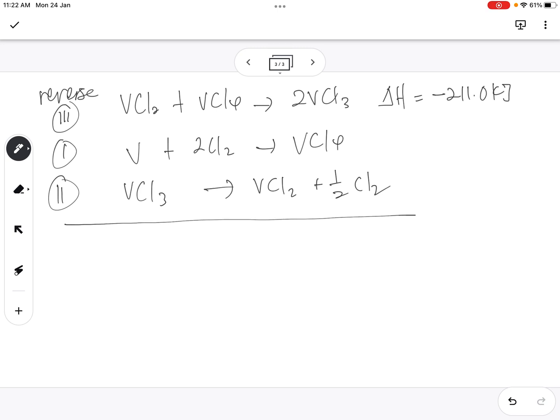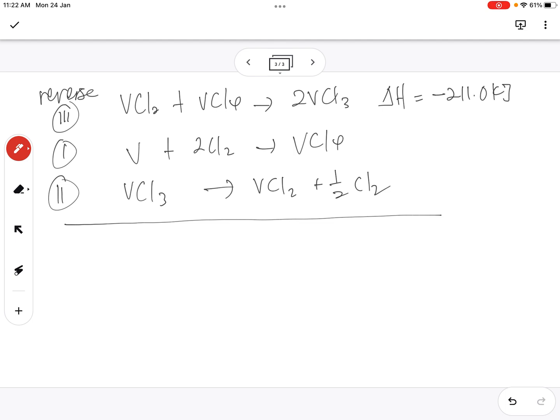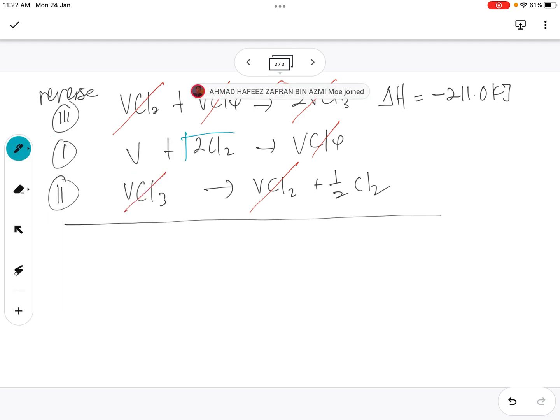Okay. So we try to solve this one. Let us see whether our equation works. We try to solve first. Try it, this one must try. We see what we can cancel. VCl2 can cancel. VCl3 cancels one, so on the left side one remains. VCl4 can cancel. Now look: on this side 2Cl2, here half Cl2.